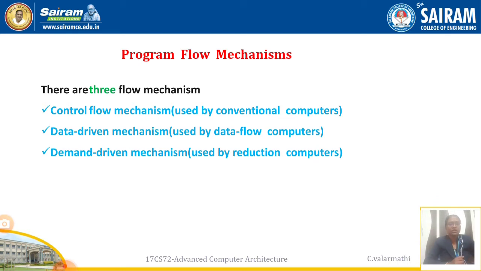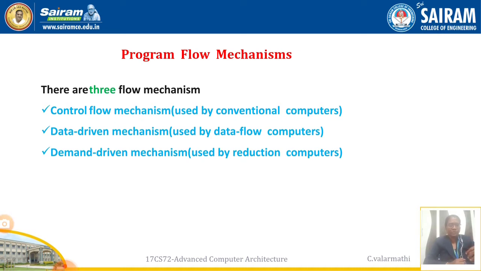Control flow mechanisms are used in conventional computers, for example uniprocessor, von Neumann architecture, very traditional systems. Data driven mechanisms are used by data flow computers, like some transactional systems or scientific calculation systems.